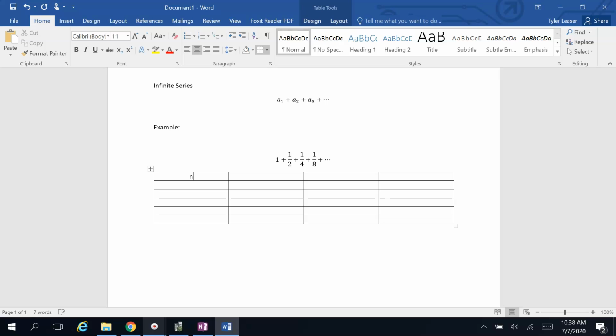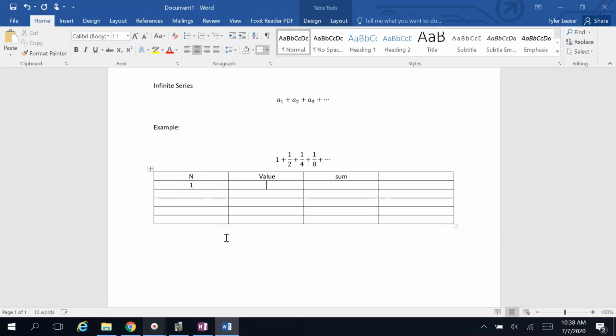So this first column is going to be my n value, which is the number of terms that I'm going to be looking at. The second column is going to be the value of that particular index. The next one is going to be the sum of those terms. And then this fourth column we'll come to in a little bit.